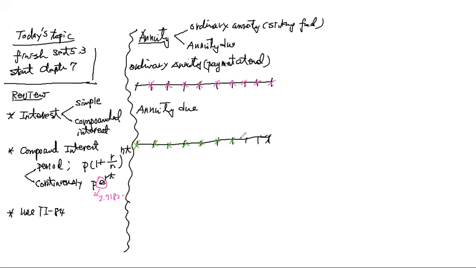You deposit at the beginning of each period, so that's why you don't have the last one there. This is the payment at the beginning.